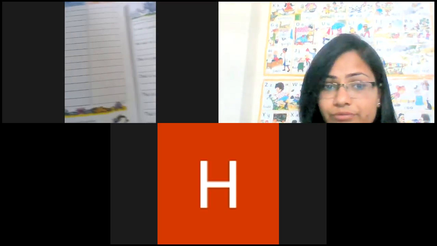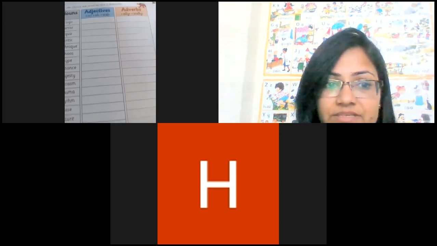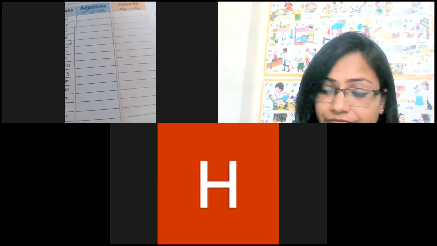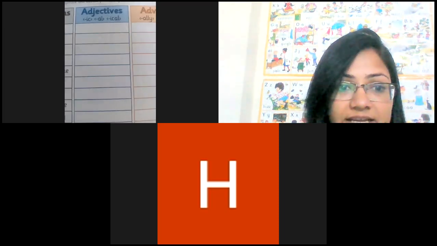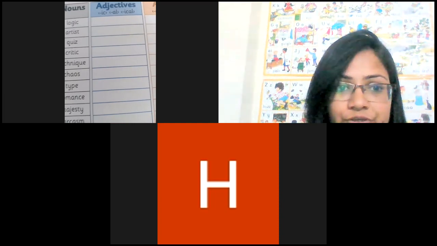Now, this is very important where the children will make adjectives and adverbs by adding ic. If we add ic or al or ical, a noun changes to an adjective.